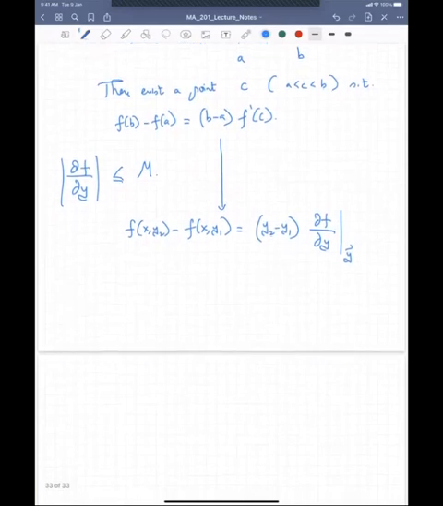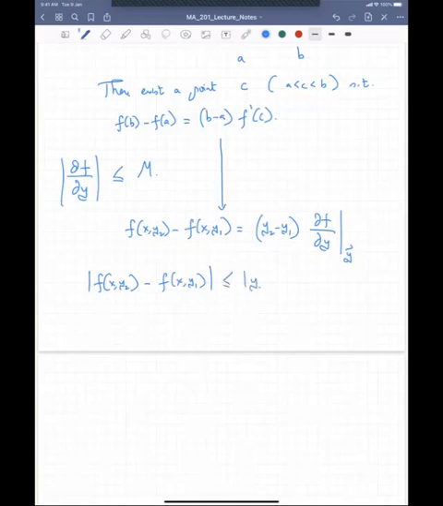Now remember that the uniqueness theorem puts a bound on the absolute value of the derivative. I can turn this into a slightly different condition: f of x comma y2 minus f of x comma y1, this difference in the value of functions, is now bounded by the modulus of y2 minus y1 times m.